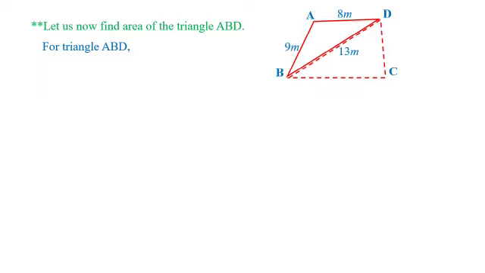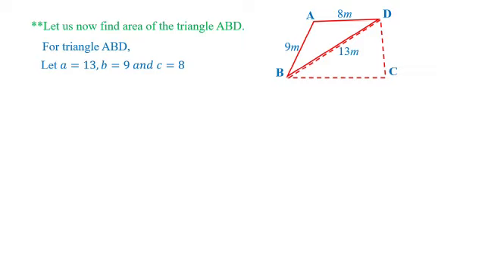For triangle ABD, all the sides are given, where AB is equal to 9 meters, AD equals 8 meters, and BD we got as 13 meters. So let a be 13, b be 9, and c be 8. Here we are going to apply Heron's formula.